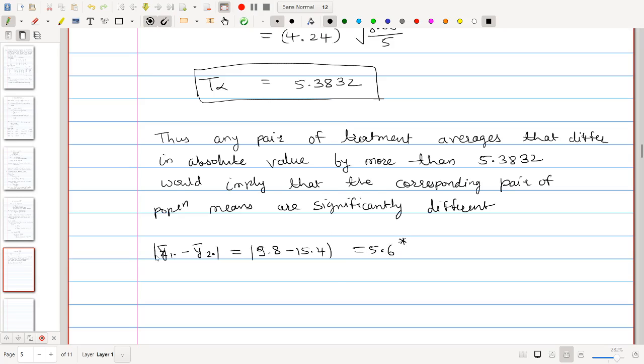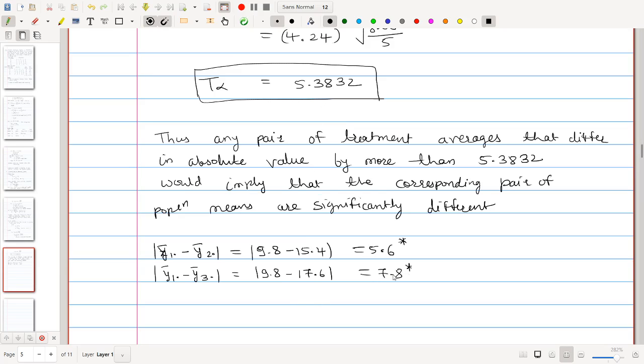So wherever the absolute difference of a pair is greater than this one, I am giving a star. Take the second one. The second pair will be y bar 1 dot minus y bar 3 dot. Y bar 1 dot is 9.8 minus y bar 3 dot is 17.6. Now this will be 7.8. This is also greater than 5.3832, so I have given a star.